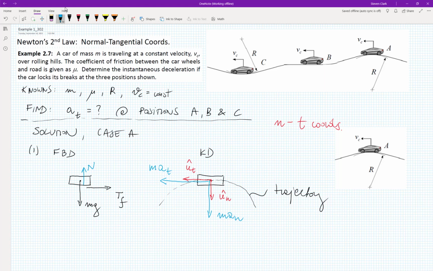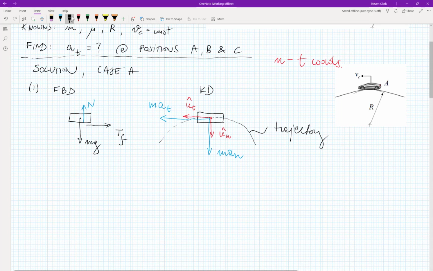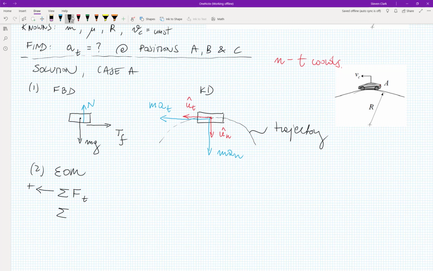So now once we have FBD and KD, let's write the corresponding equations of motion that our particle has to obey. Equations of motion. I'm going to sum the forces along the t direction, where I specify that this direction is positive, and also do the same in the n direction, where this direction is positive, right?